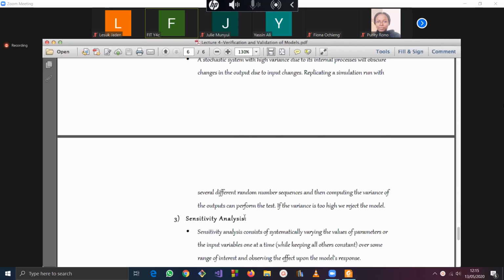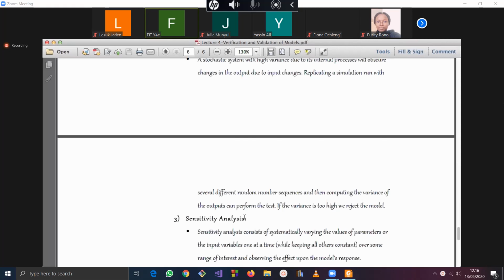What does that mean? Sensitivity means here, from first understanding, does your model, any small, slightest change in input, does it lead to an observable kind of output? Or you need to put something huge for you to be able to notice something in your model.